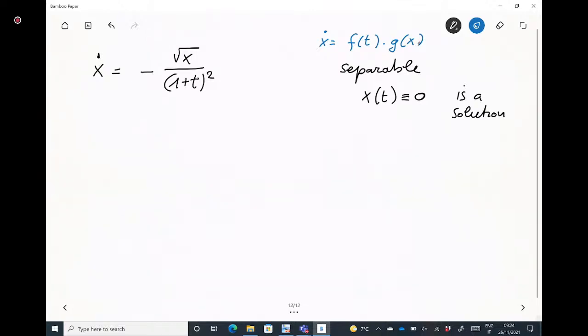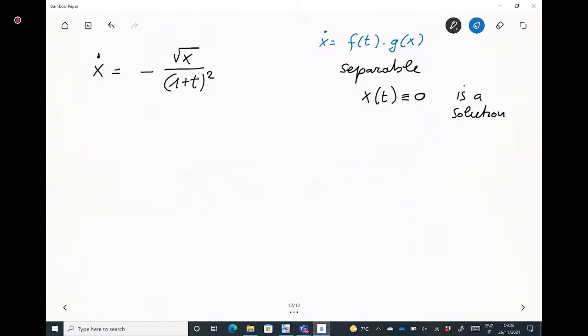But if there are constant values of x for which g of x is equal to 0, they are necessarily constant solutions of the differential equation. Here there is one value, x identically equal to 0, for which the right-hand side is 0 for any t. Its derivative is also 0, so 0 equal to 0, and this solution satisfies the differential equation.